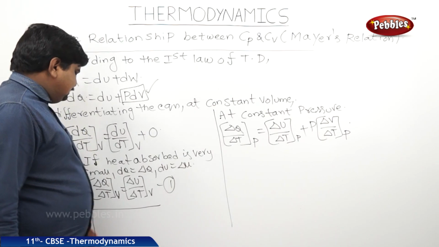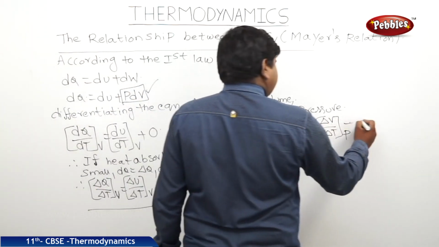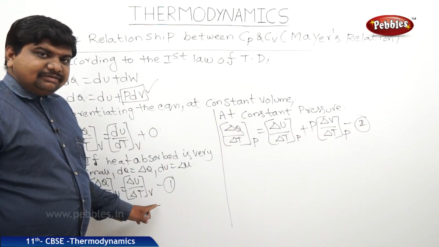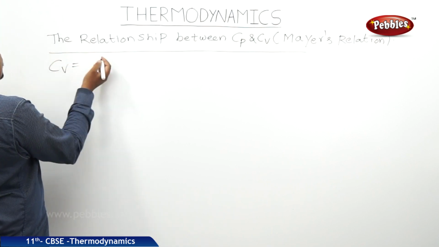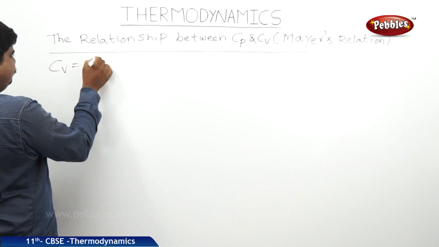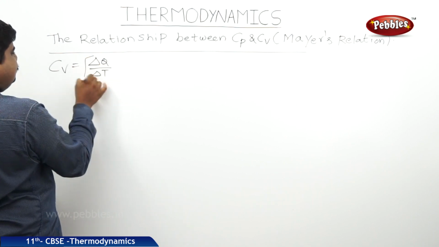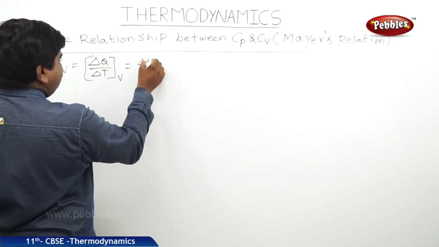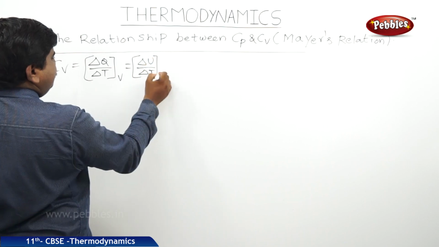Now we will see Cp minus Cv. This is the equation for Cp, and this is the equation for Cv. So the equations we got are: Cv is equal to delta Q by delta T at constant volume, which is equal to delta U by delta T at constant volume.